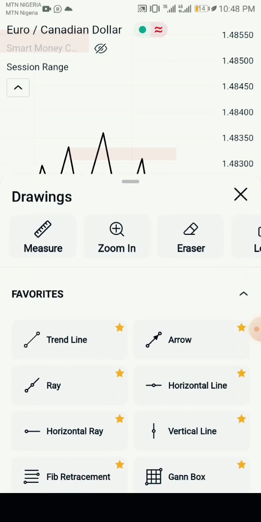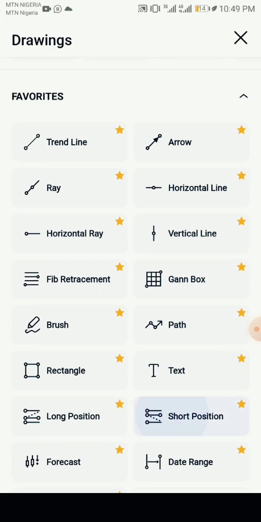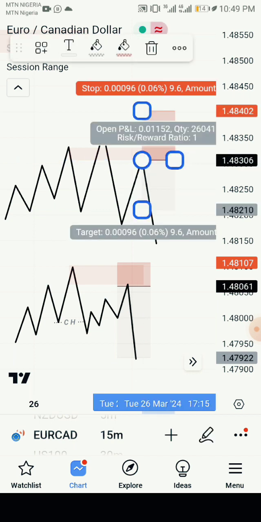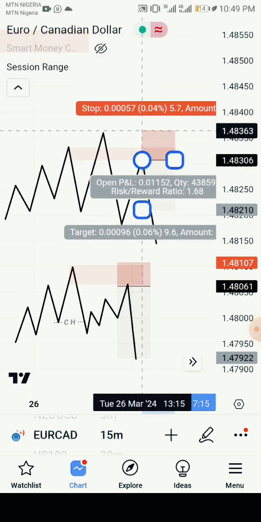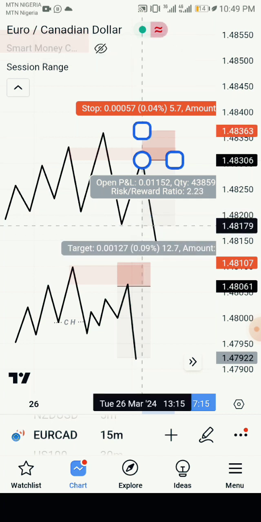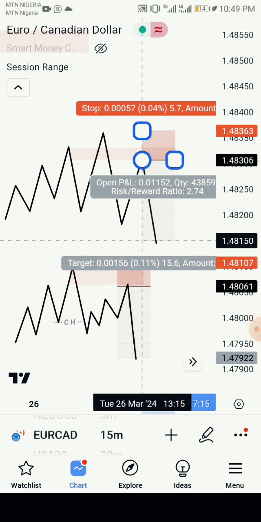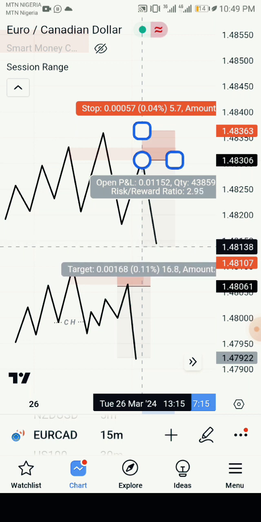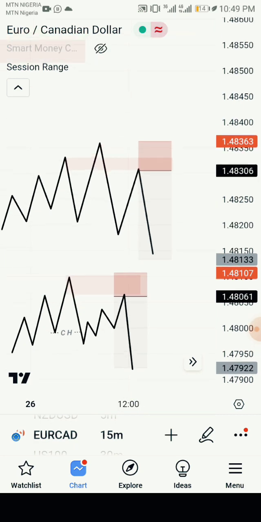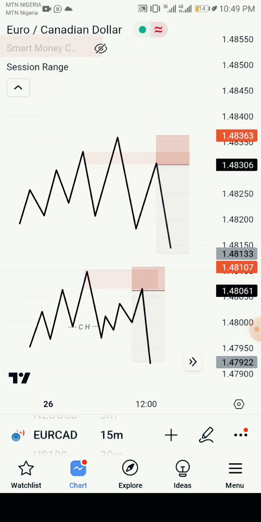Now remember, we're talking about high probability setups. When I see a setup like this, I will take it. Even if it fails and I see it another time, I will still take it. Why? Because it's a high probability setup for me. Because it does not work once does not mean that it will not work again. The market is not my house. I don't control anything here.